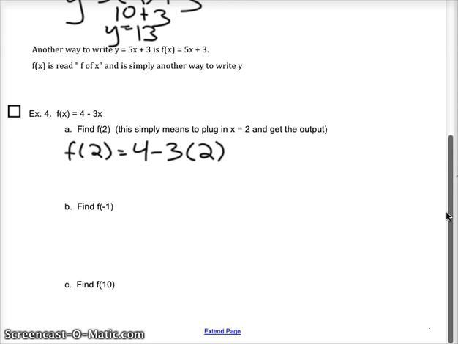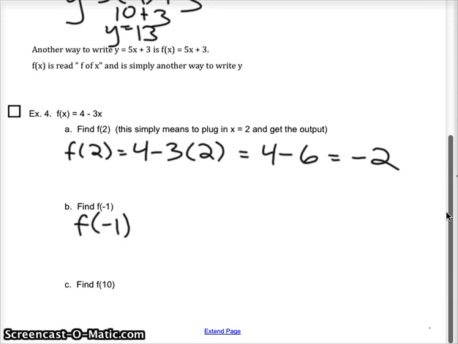All right, well, 3 times 2 is 6, so this is going to be 4 minus 6, or give me an output of negative 2. F of negative 1, so 4 minus 3 times negative 1. Well, here, negative 3 times negative 1 is actually giving me a positive 3.